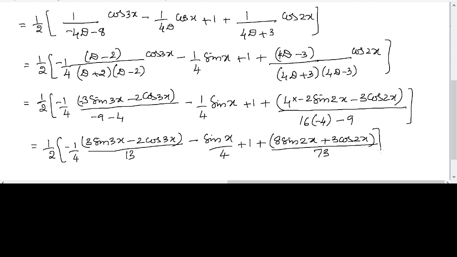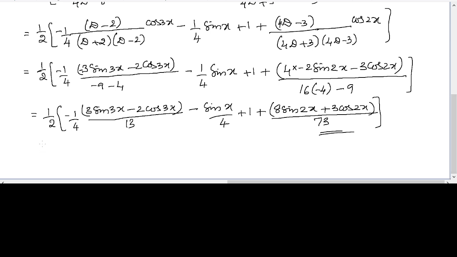So this is our final answer for PI. So finally what we need to do, as usual, to get the complete solution, add a complementary function with the PI.